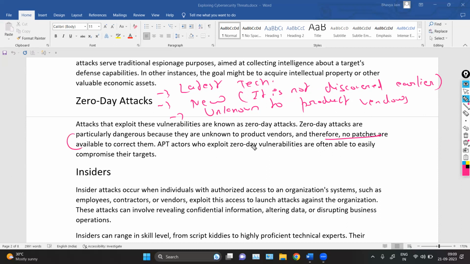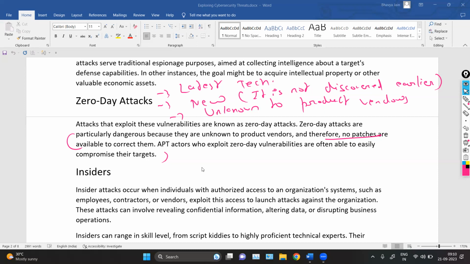So APT actors who exploit zero-day vulnerabilities are often able to easily compromise their targets. If there's no way to fix the bug, any attacker or any threat actor can compromise their targets, because there's no technique to fix, or there are no security patches for that particular bug or vulnerability.